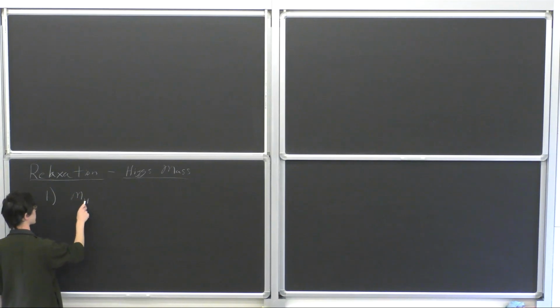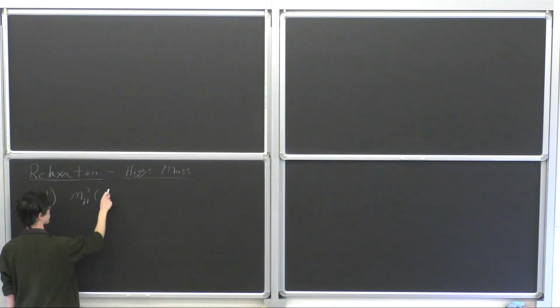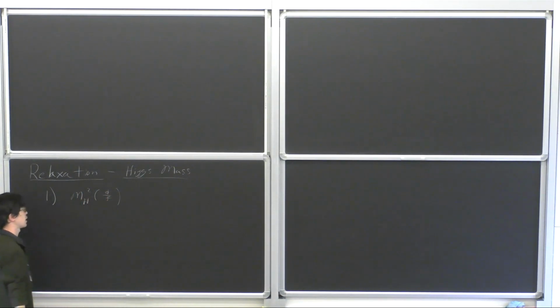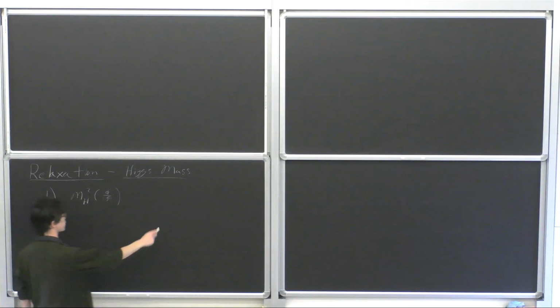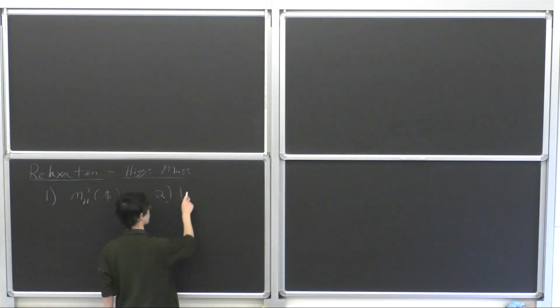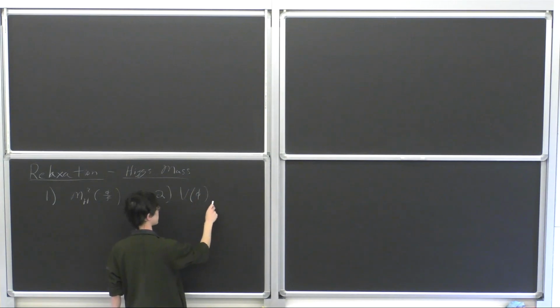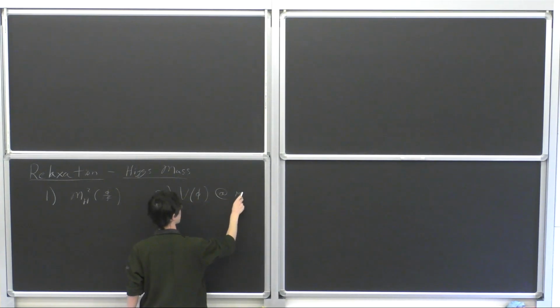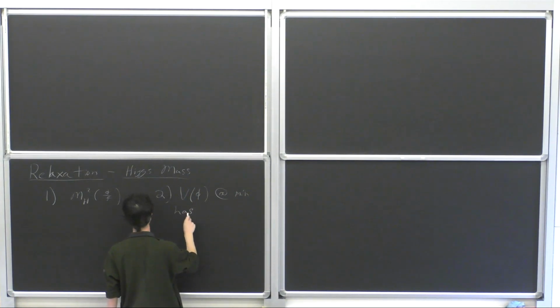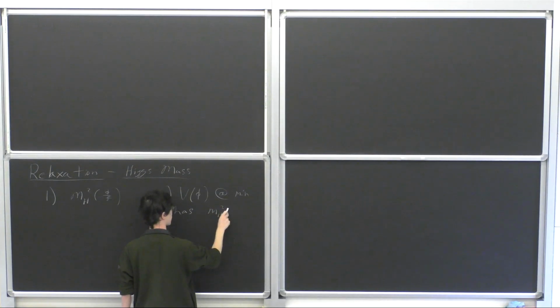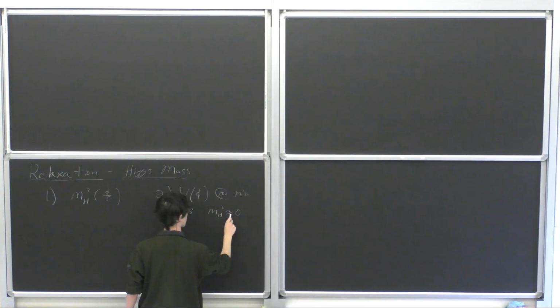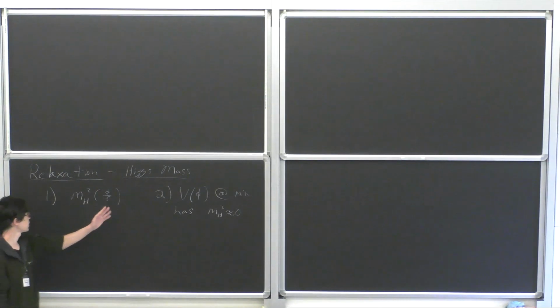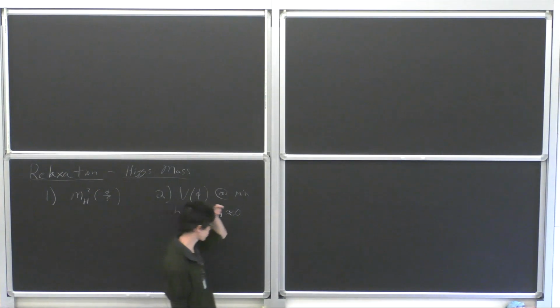The idea was you make the Higgs mass a function of phi over f, and then you make sure that V of phi at its minimum has m_Higgs squared approximately 0. Okay, so this was the approach.